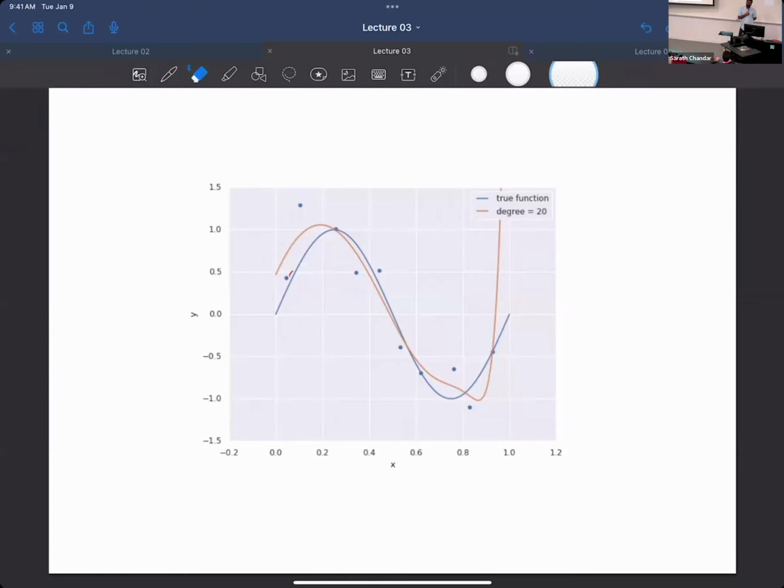Any thoughts on why this should happen? Think about how gradient descent works.